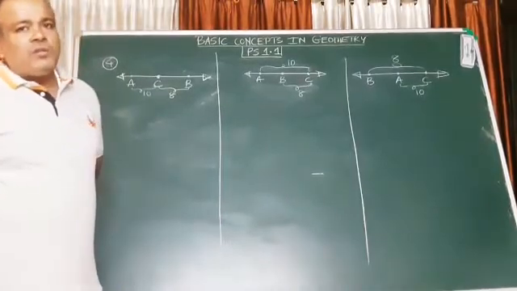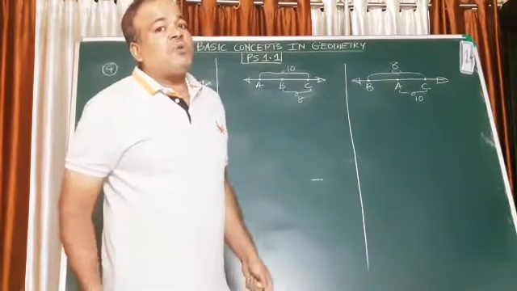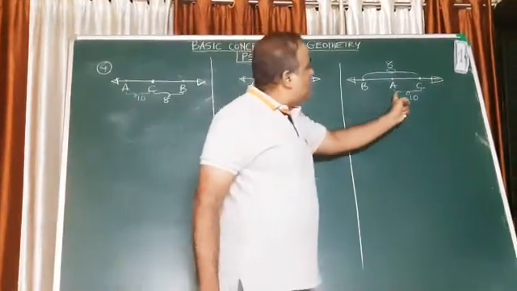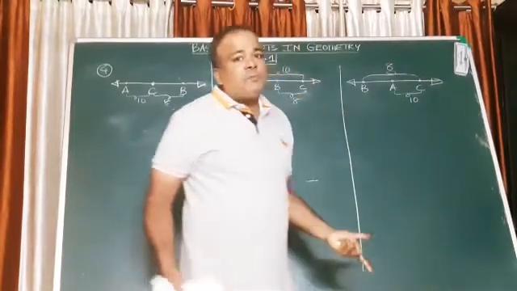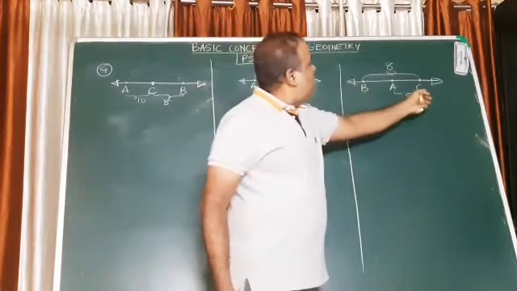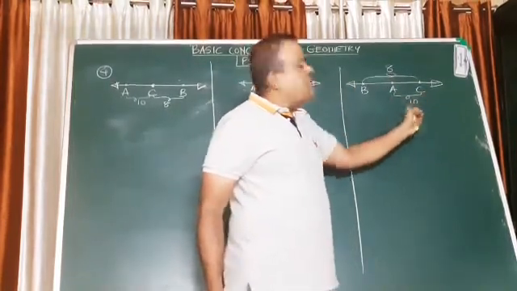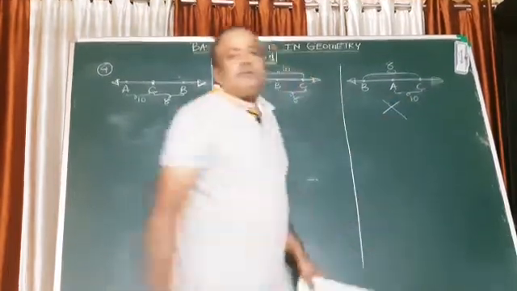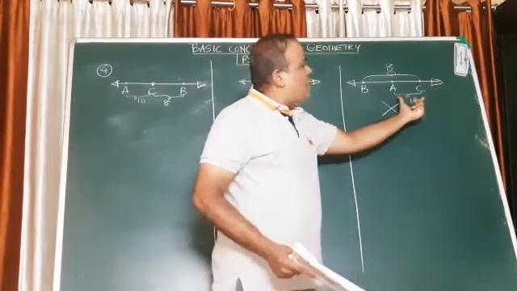So let's look at all three possibilities. Let's look at the distances and see which possibility we can rule out. Now it's common sense, boys. Look here. The distance between A and C is 10 and the distance between B and C is 8. Is it possible that the extreme distance is the small number, and A and C is 10? This possibility has to be ruled out because AC cannot be 10.